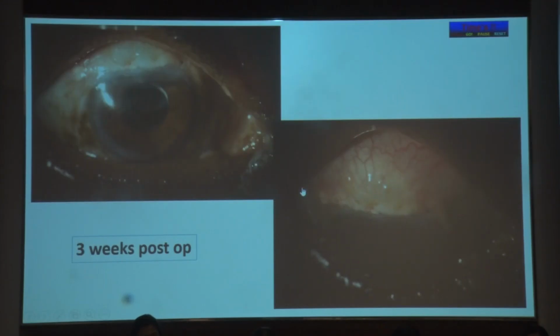So 3 weeks post-op, the picture is like this, which is gratifying, and the patient over a period of last 4 months has gained a vision of 6/18 from finger counting.